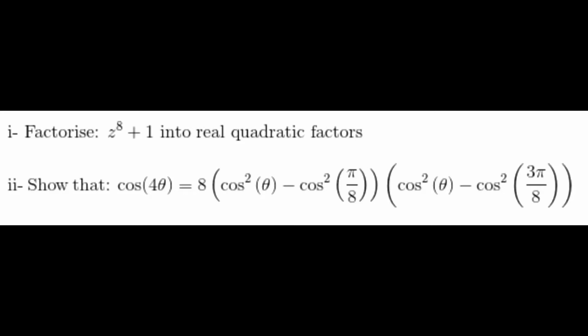Now, often with these kind of multi-part questions, the approach that you need for part 2, say, would require using what you worked out in part 1. And that may very well be the case for this question as well. But in terms of the approaches that I've taken, for part 1, I'll work through and find what all these real quadratic factors are, but I won't actually rely on them to get to this result in part 2.